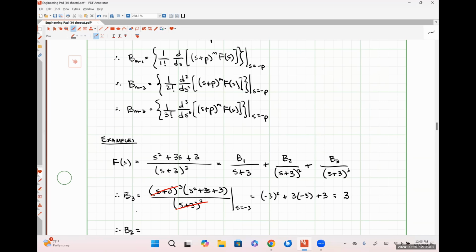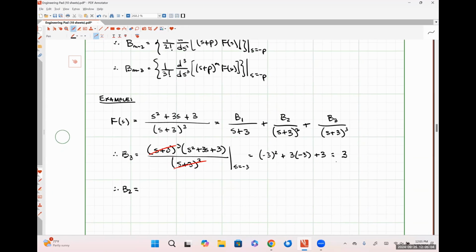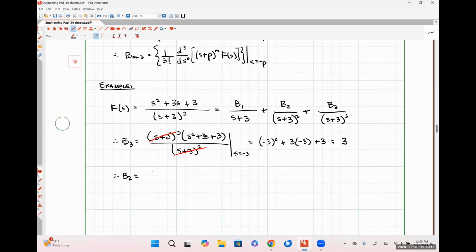That's all my process should be. So what is the derivative of s squared plus 3s plus 3 with respect to s? 2s plus 3. Evaluate it at s is equal to -3, and we have 2 times -3 plus 3. So that's -6 plus 3, which is -3.